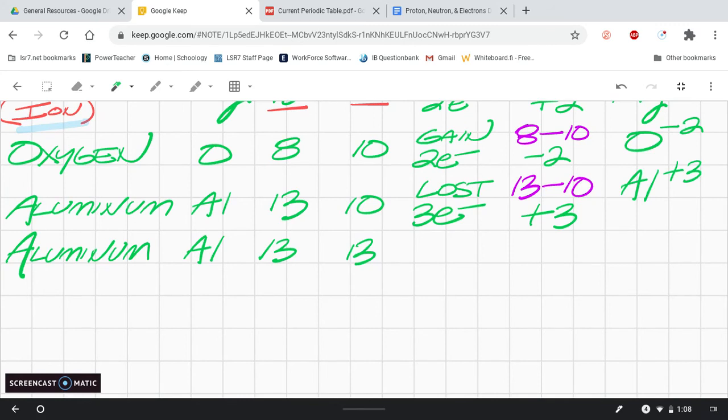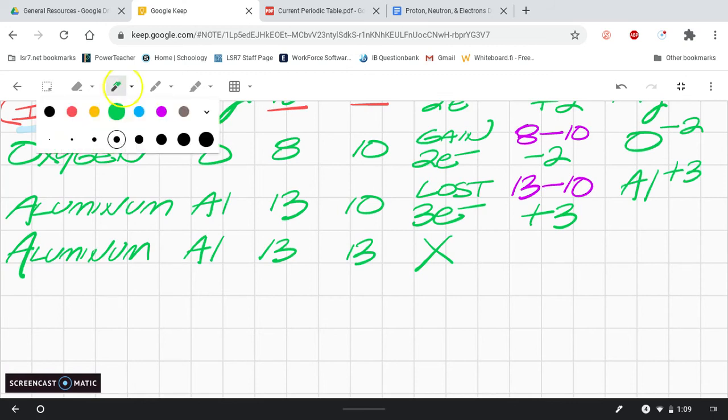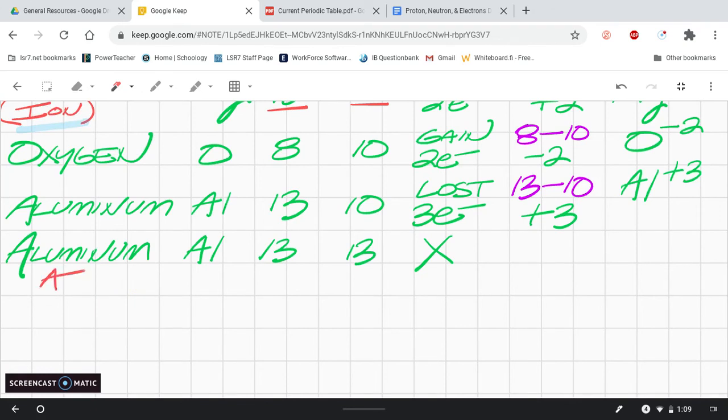Now, did it lose or gain? Well, 0. It lost or gained 0 electrons. Or maybe you want to just put an X in there. It didn't lose or gain any. So what that means is that this is not an ion. This is going to be an atom.